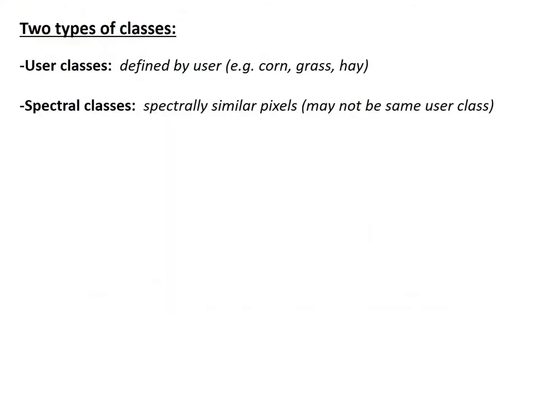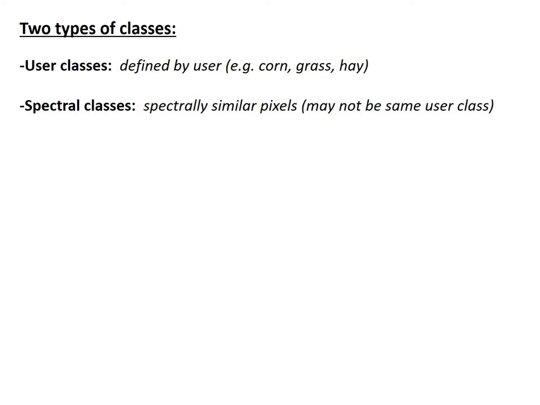So it's important to recognize that there are 2 types of classes in classification. One is called a user class, and that's what we've been talking about so far. These are classes that are defined by the user and are usually things that are of interest to the user, like corn, grass, or hay. The other type is spectral classes. These are classes of pixels that are spectrally similar.